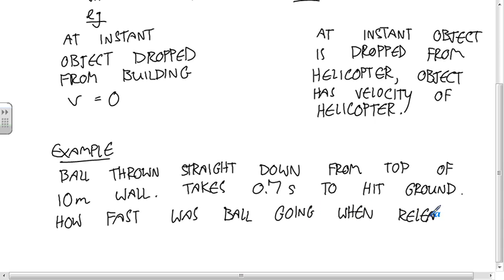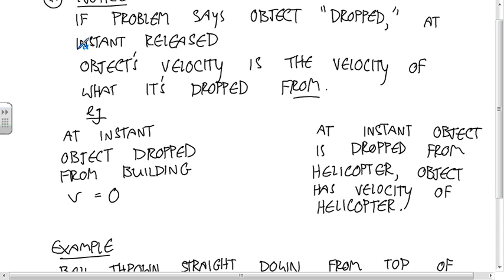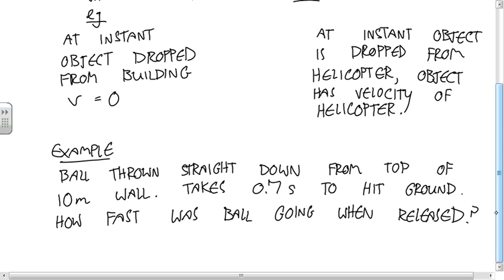Okay, so first I want to make sure that you understand this thing that I just said a second ago, this notice thing. What's the difference between this problem and the problem that we just did with the bridge as far as the velocity at the instant it's released? Because I don't want you to get confused and say the thing that you just said suggests that the velocity should be 0 at the instant it's released.